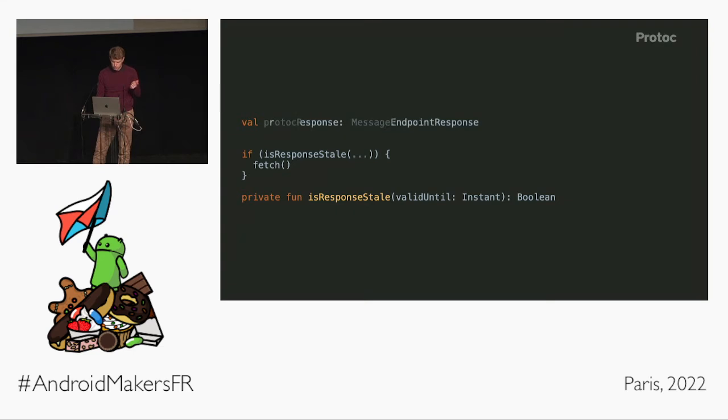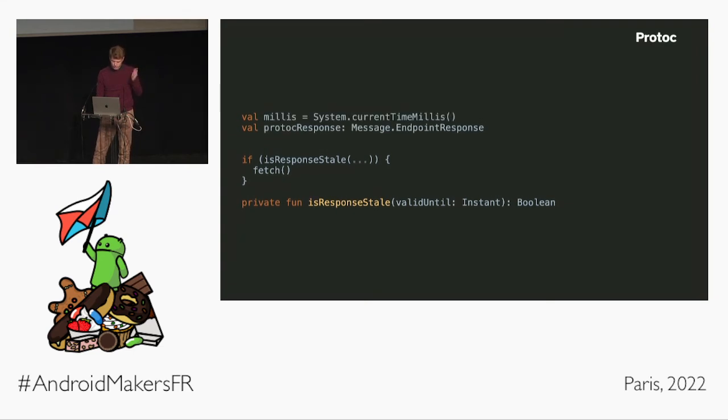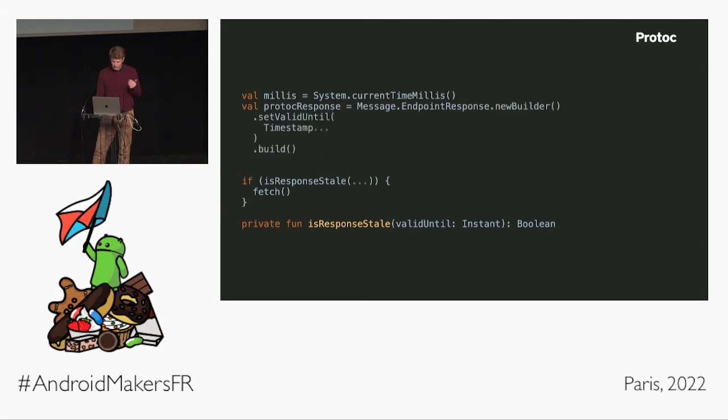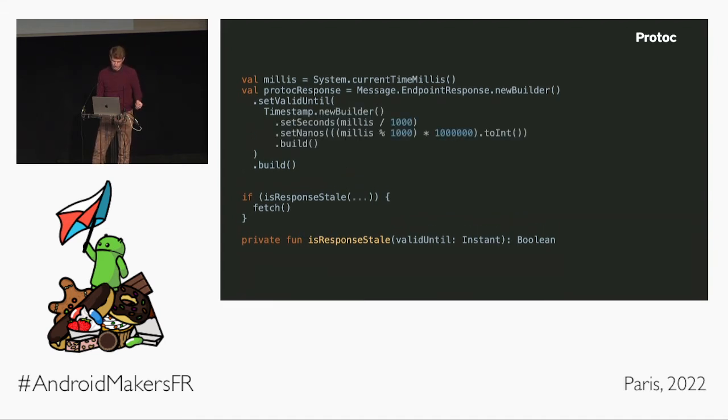With Protoc, it will look like this. For the beginning anyway, we create some millis, we pass it, and so Protoc would create some builders for everything. And so now we need to pass a timestamp to valid until, and the timestamp object created by Protoc is itself just a POJO, so you need to do the conversion.